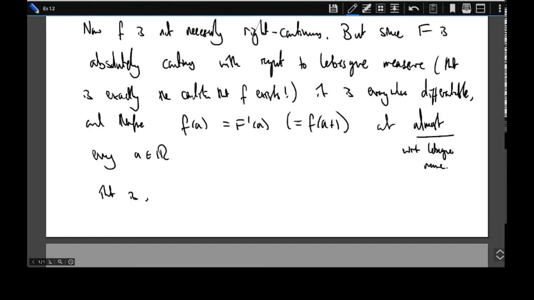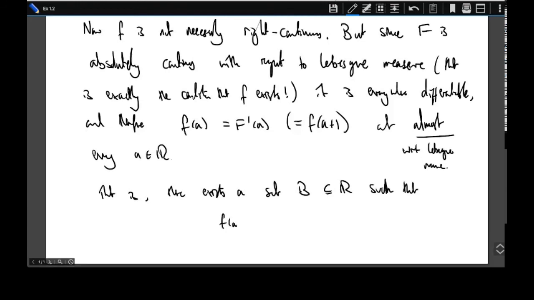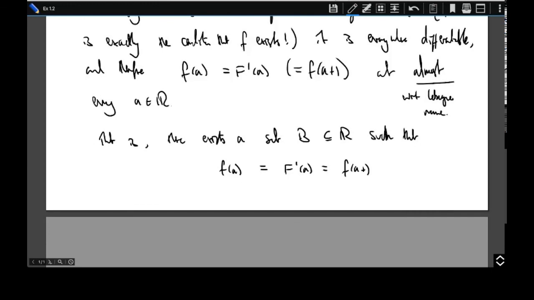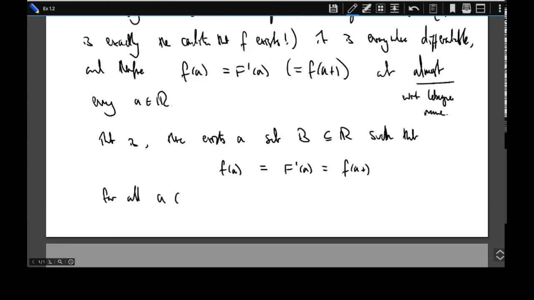That is, there exists a set B, subset of the real line, such that f(a) is equal to F'(a) equals f(a+) for all a in the reals minus B, and the Lebesgue measure of B, sometimes written with lambda, is equal to 0.